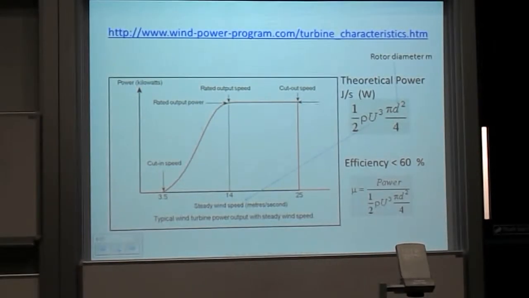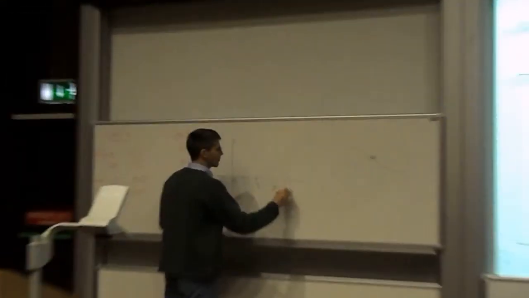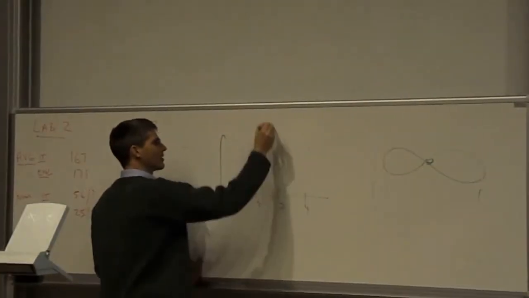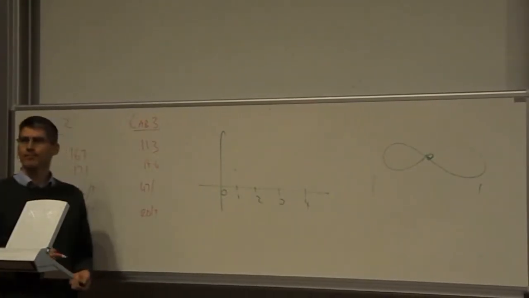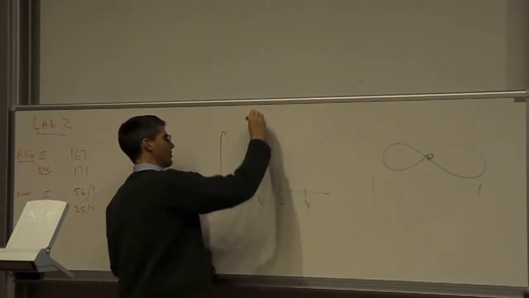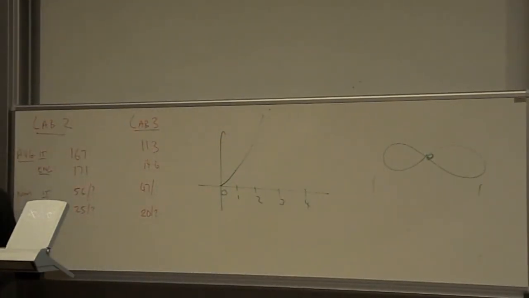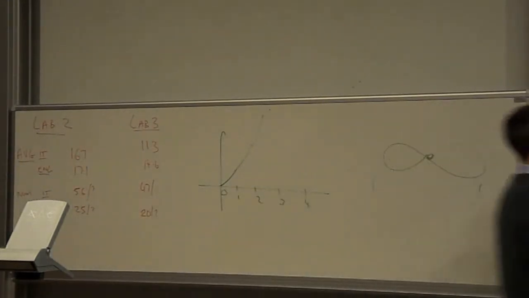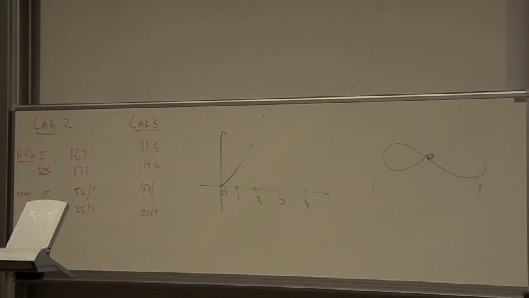Yeah. So if you were just to use a cubed relationship, so 0, 1, 8, 27, right? That's a cubed relationship. Now that relationship is true, but it's only true for this part of the curve.